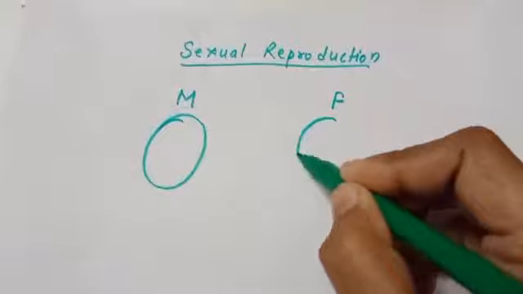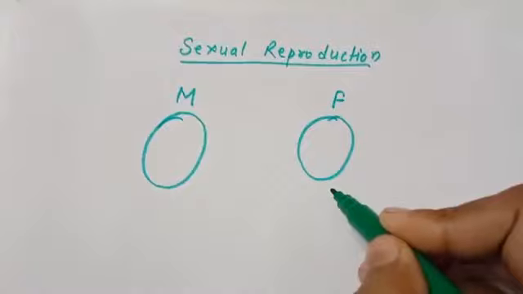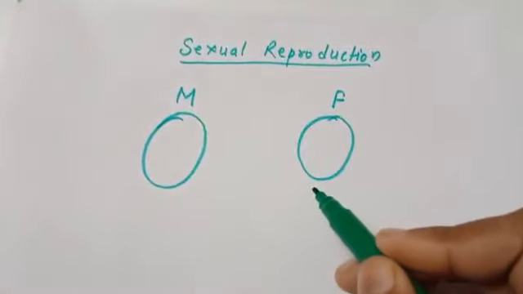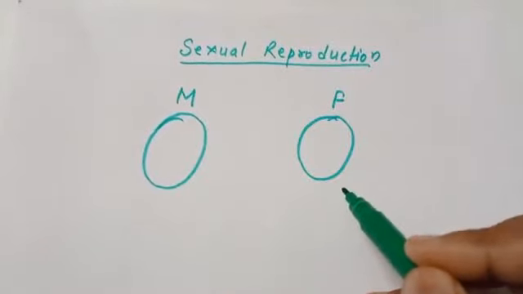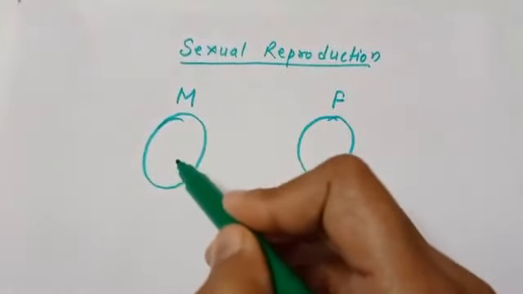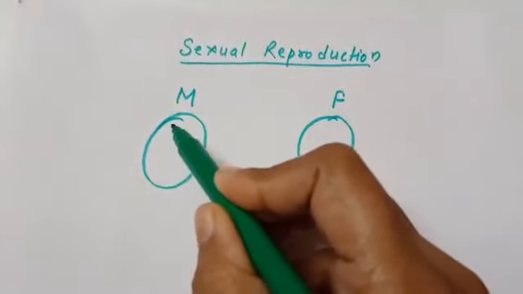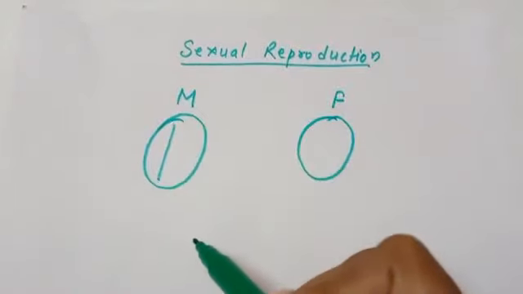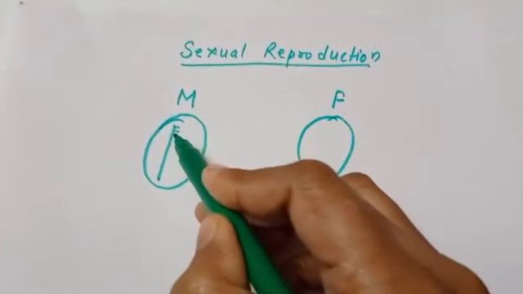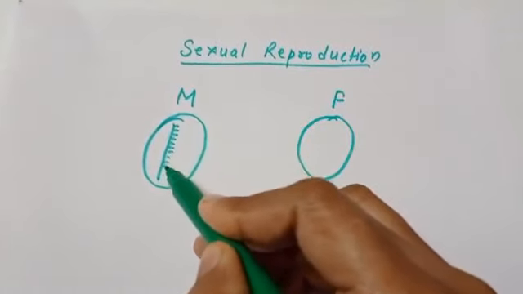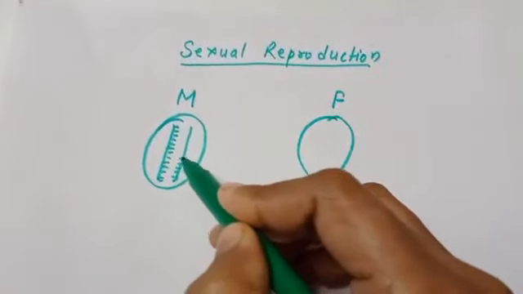And in a female, the germ cell or the gamete is called an ova. So, actually, what this germ cell carries, inside the nucleus, is the DNA. So, inside the male we have the chromosomes present, and they carry the genes in this way.